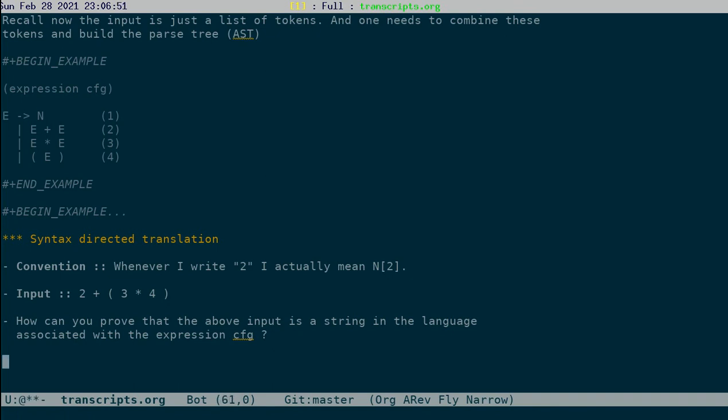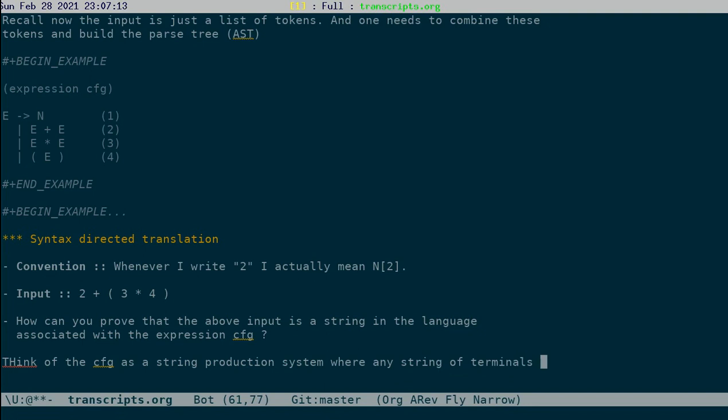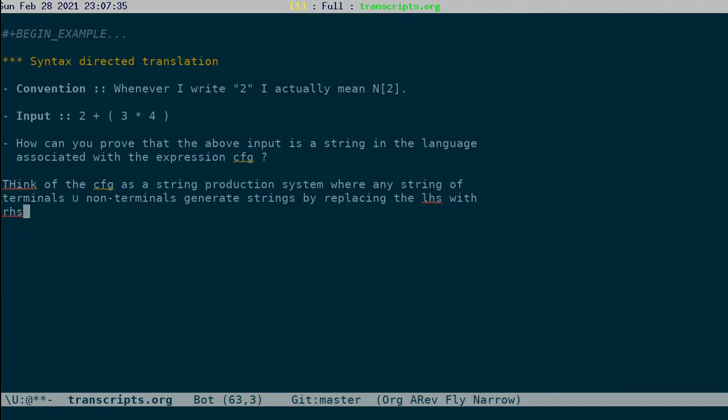Okay, so the idea is think of the CFG as a string production system where any string of terminals union non-terminals generates strings by replacing the LHS with RHS. Okay, so you can think of this as a string production system.